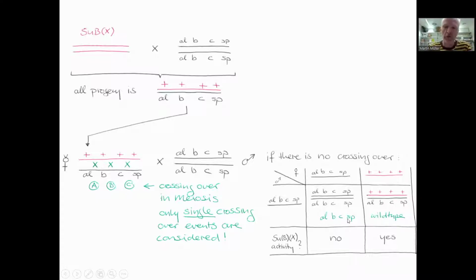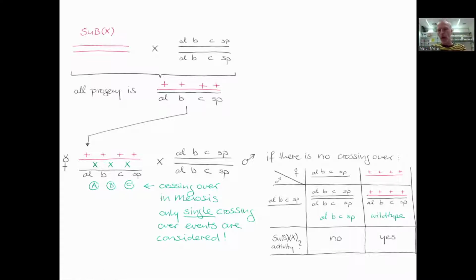And if we test for the suppressor activity, of course, these flies here have not obtained the red chromosome, so they cannot contain the suppressor. So the answer here is no. These flies here, of course, have obtained the suppressor chromosome, and the answer is yes.